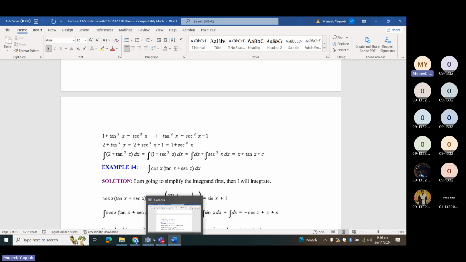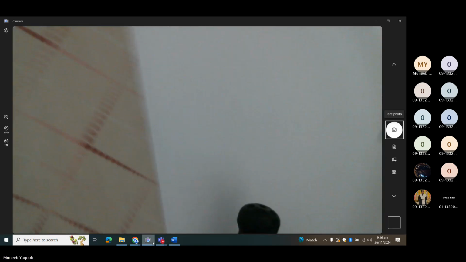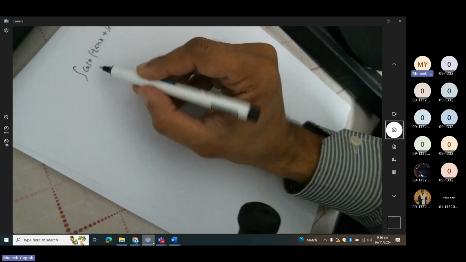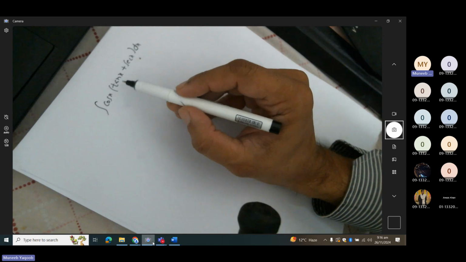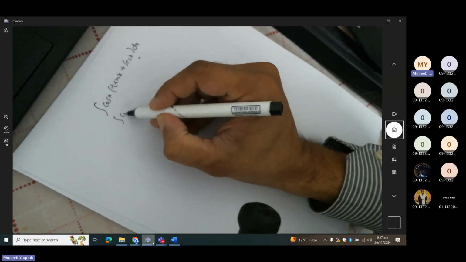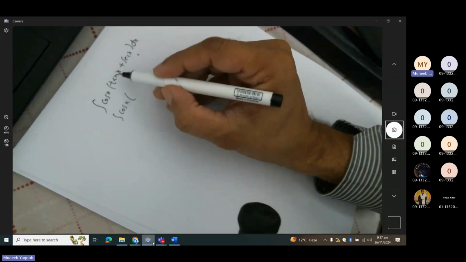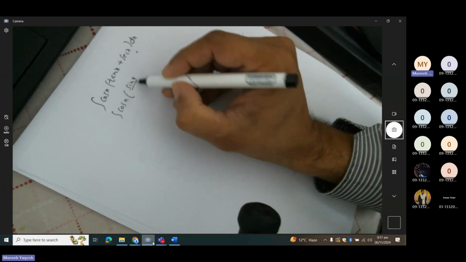So we are to integrate the product of cos x with tan x plus secant x. So first of all, we will convert everything in sin x cos x form. So tan x can be written as sin x upon cos x.